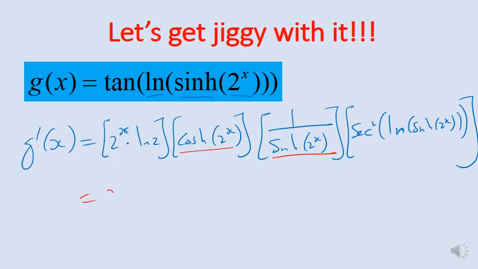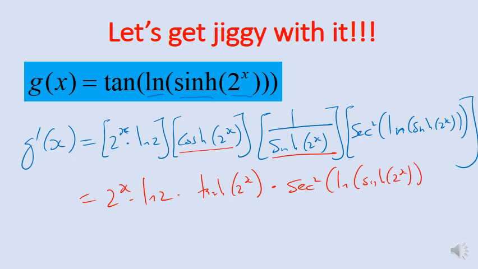You agree with me that this now becomes cosh over sine, which is cot of 2 to the power x, and then finally we multiply this out. You're going to get sec squared of ln of sine of 2 to the power x. There's your answer. Beautifully done. Nothing confusing, nothing difficult.